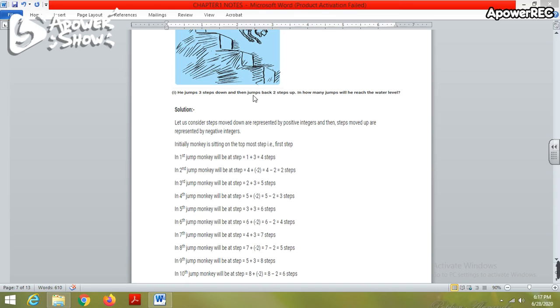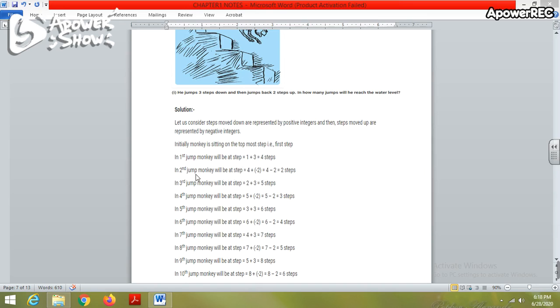Now he jumped back 2 steps. So now we have to subtract 2 from 4. After the second jump, the monkey is at 4 minus 2 equals 2 step.